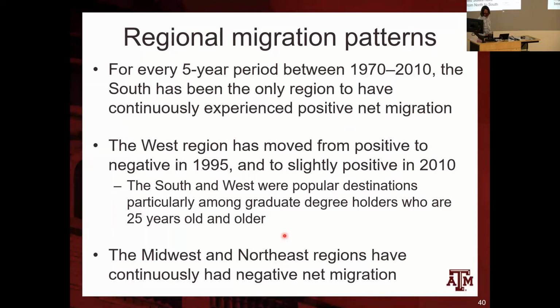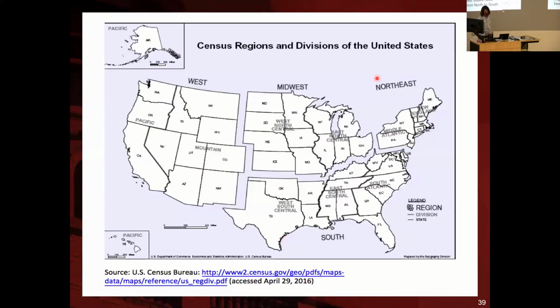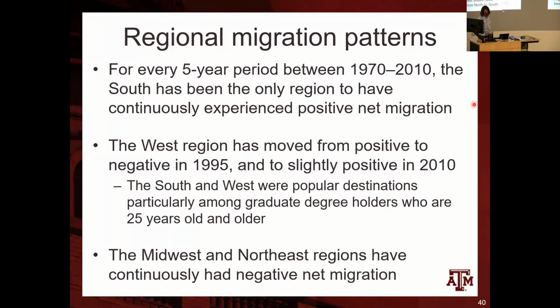And the Midwest and Northeast regions have continuously had negative net migration since the 1970s. So the Midwest and Northeast are losing more people than gaining people.